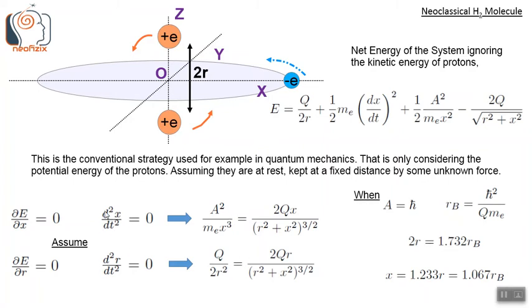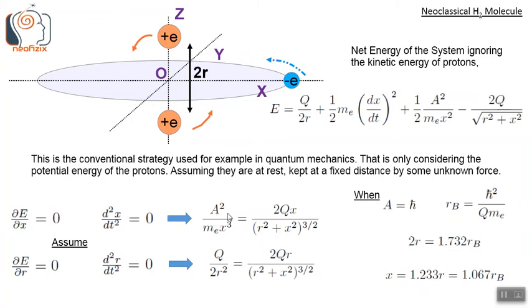So basically here we are assuming that the radial distances x and r are constants. That's why we take the acceleration terms as 0. So we get constant x and r solutions.